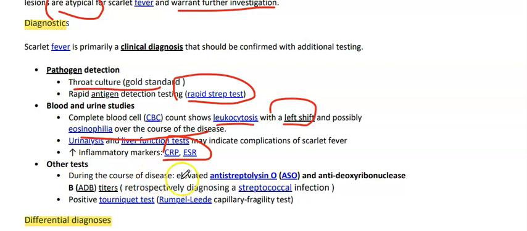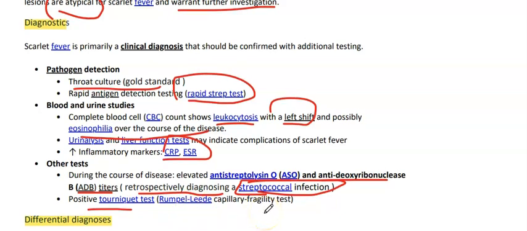Other tests: during the course of the disease, elevated ASO and anti-DNase B titers. The anti-DNase B titer and ASO titer help in retrospectively diagnosing a strep infection, like when there was a previous strep infection, due to which these titers will be elevated. Also a positive tourniquet test, which is known as the Rumpel-Leede capillary fragility test.